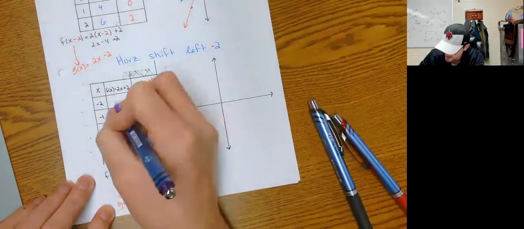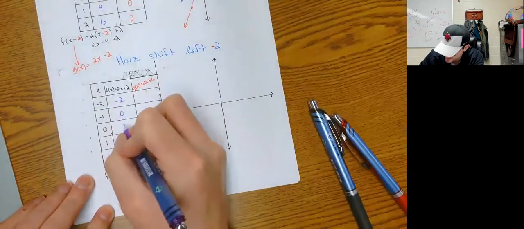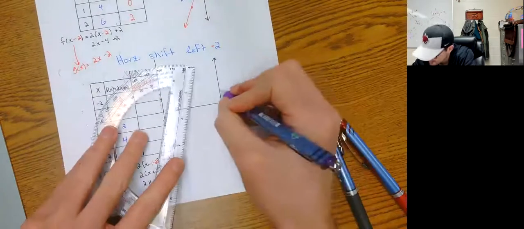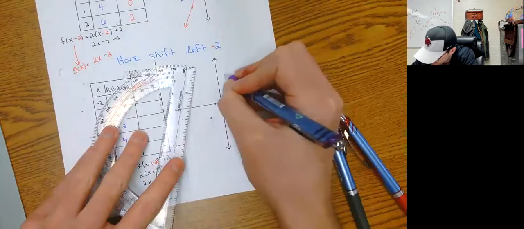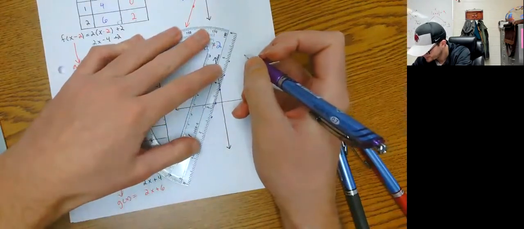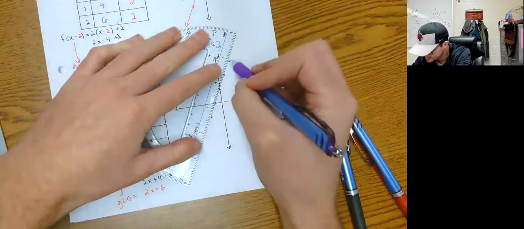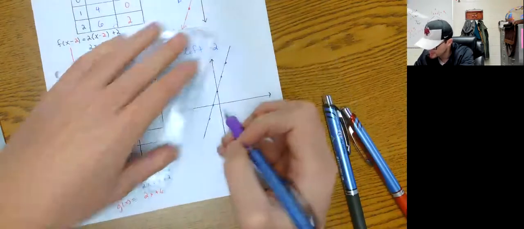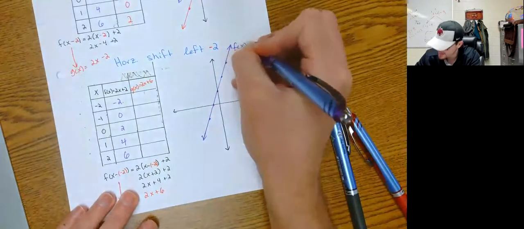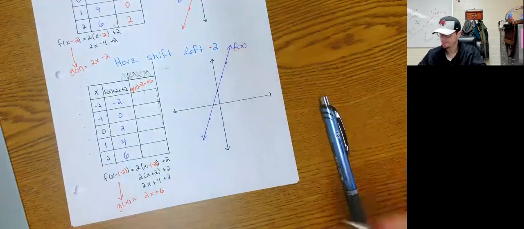We know what all these ones are. Negative 2, 0, 2, 4, 6. Plot that there, there, there. Some tedious work, graphing over and over and over again. That's how you learn. Repetition, repetition, repetition. Okay.